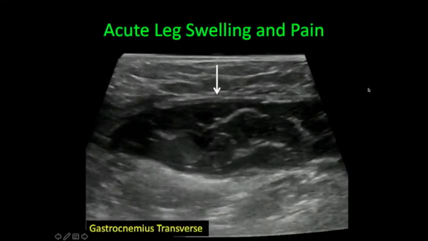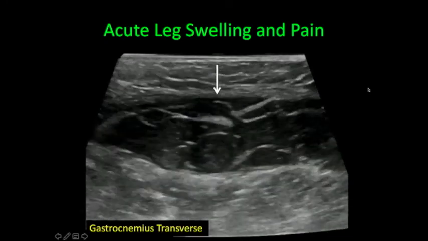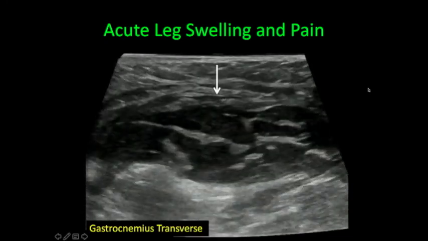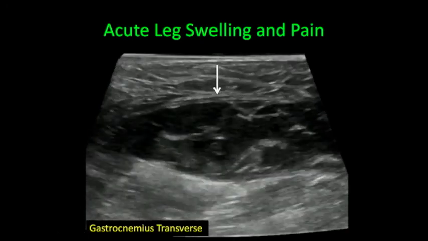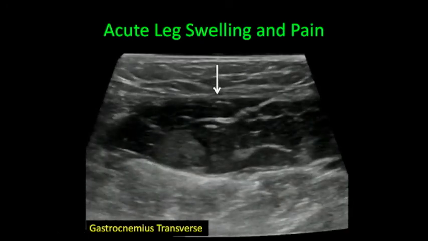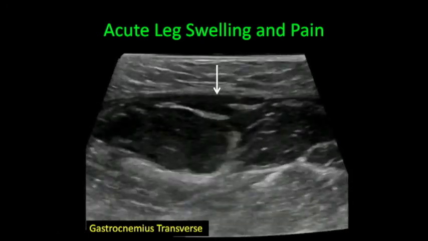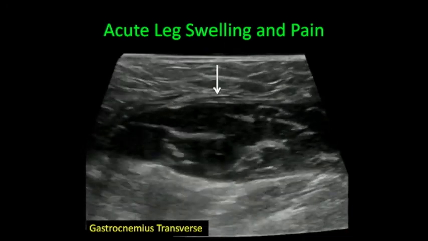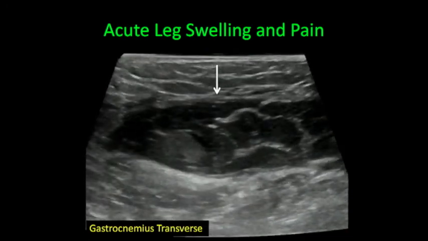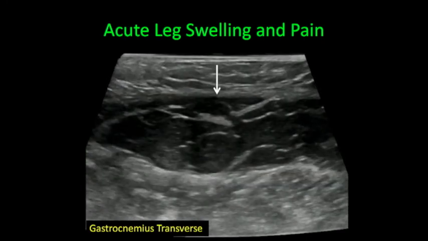Moving on to a different process. This was an older gentleman who came into the hospital for other reasons and had very acute onset of pain and swelling in his calf on the right side. I love showing this case to my sonographers because they almost always think right away that it's a fluid collection.